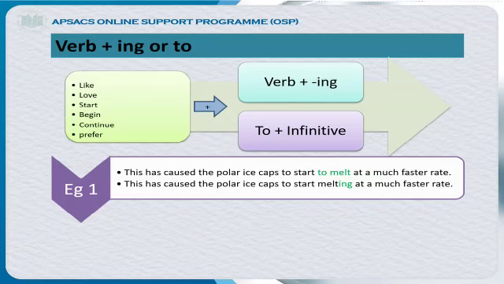And we can also say this sentence as, this has caused the polar ice caps to start melting at a much faster rate. So you can see that with some verbs, both ing and to plus the infinitive can be used.